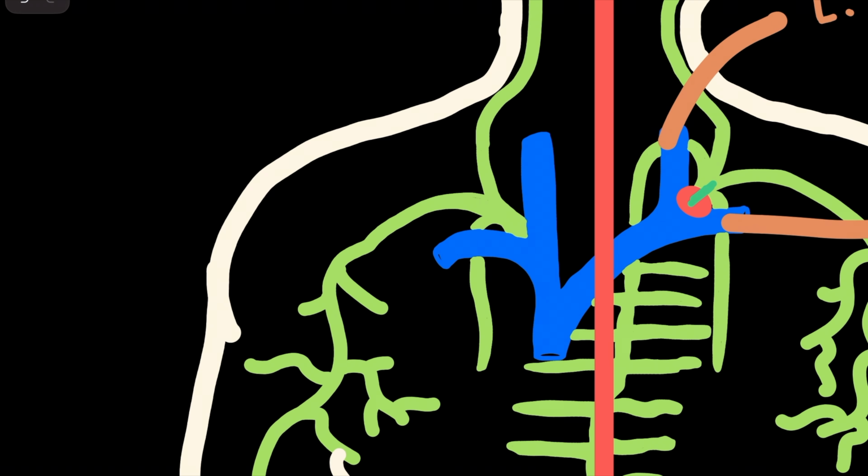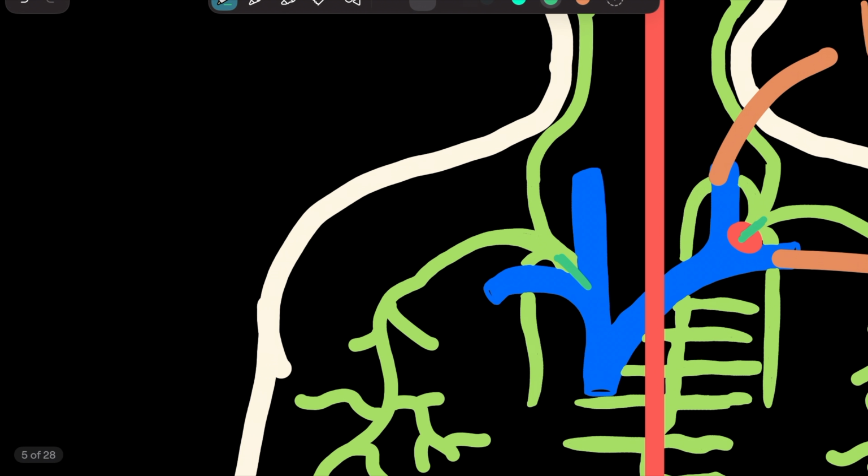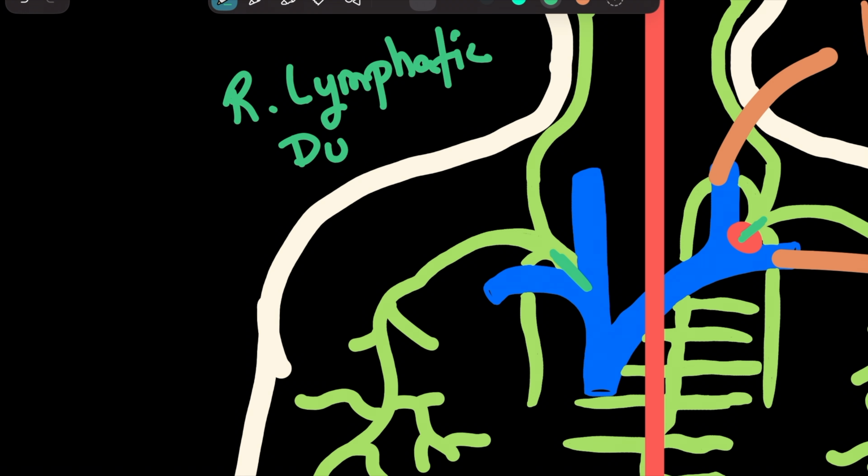But same deal, it does drain into this venous angle here. So the right internal jugular vein and the right subclavian. This one does not have a fancy name. It is simply called the right lymphatic duct.